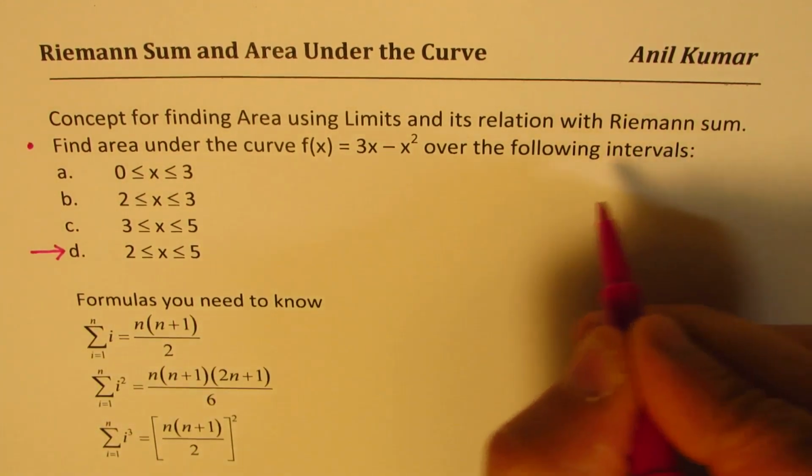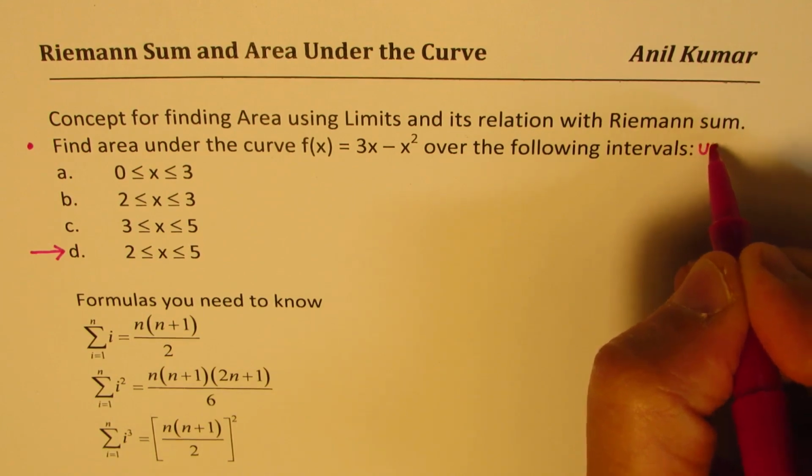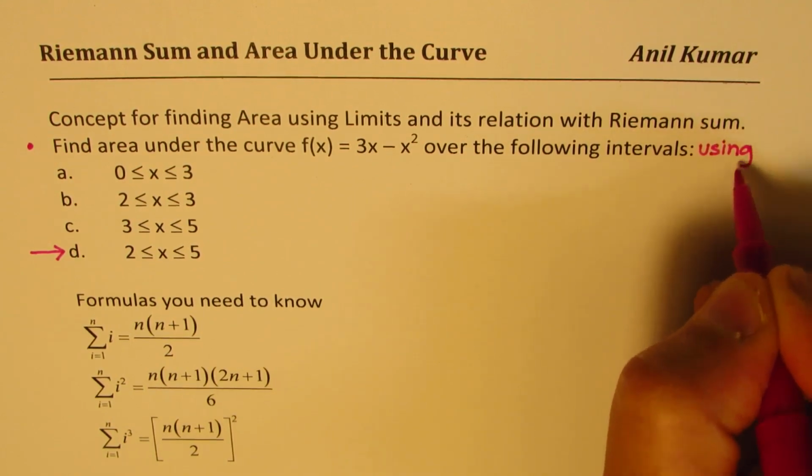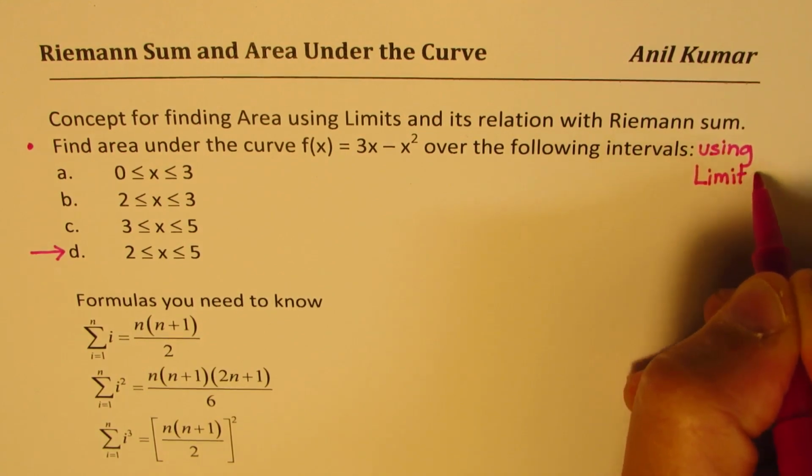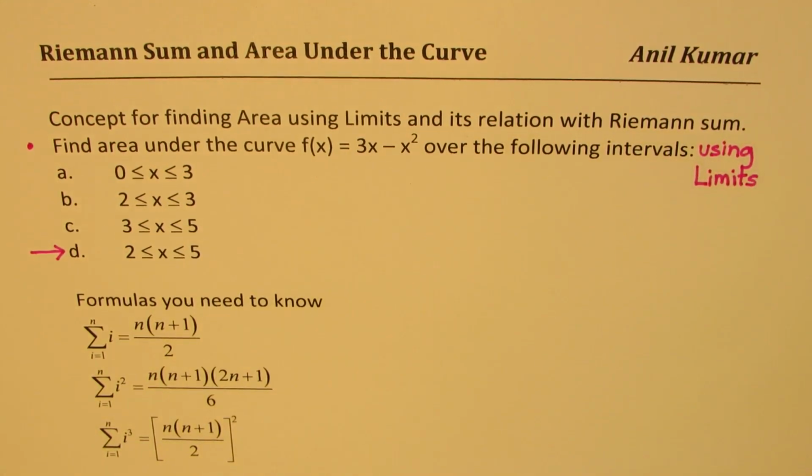Let me write here, using limits. Now, we could actually use integrals and get the solution in no time. I'll take that also as a part of this later, as a different video. But this is using limits.